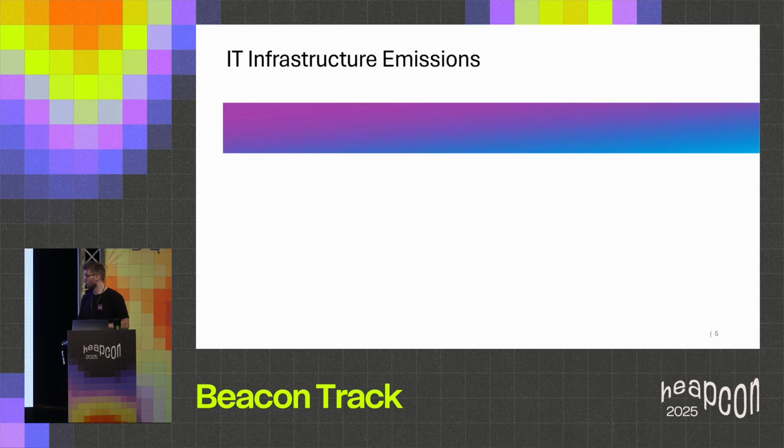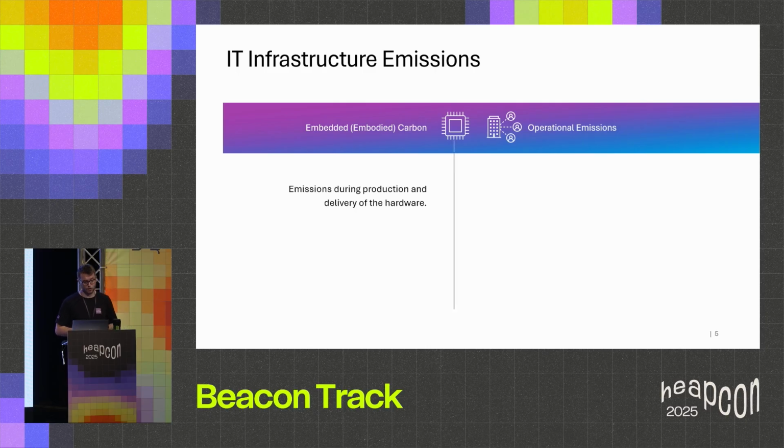Moving on, IT infrastructure emissions can be divided in two ways. First of all, we have on one side embedded carbon or embodied carbon, and we have operational emissions. On one side, embedded emissions are emissions during the production and the delivery of the hardware, and it's quite intensive and quite hard to measure them, and they really rely on hardware supplier data.